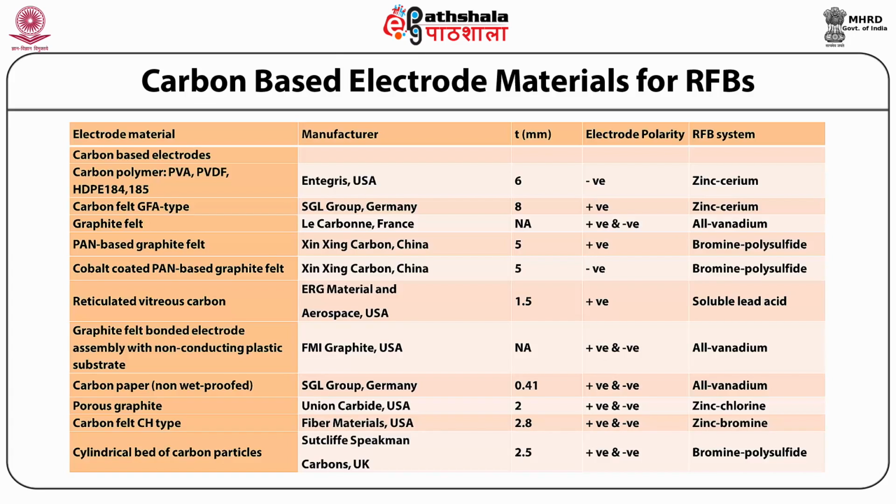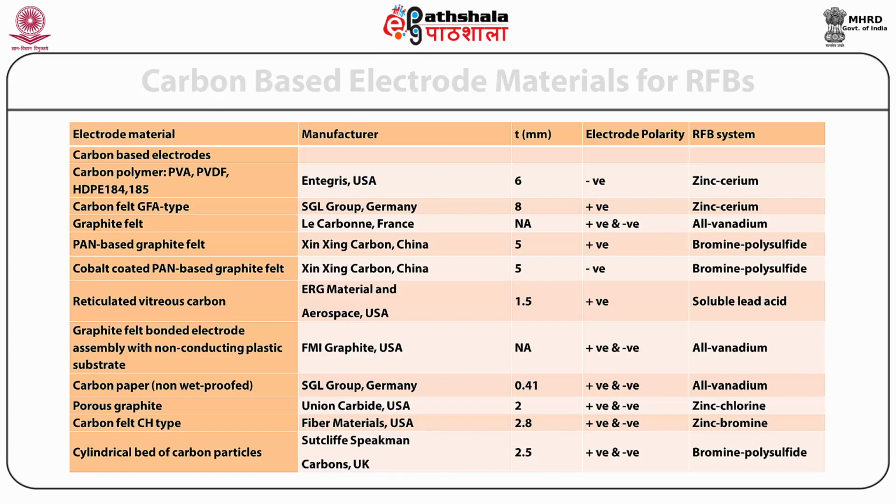So as you can see from the table, corresponding to the electrode material, we have different manufacturers, which have various thicknesses in mm, and they have different electrode polarity. Corresponding to the electrode material, we have the different RFB systems.